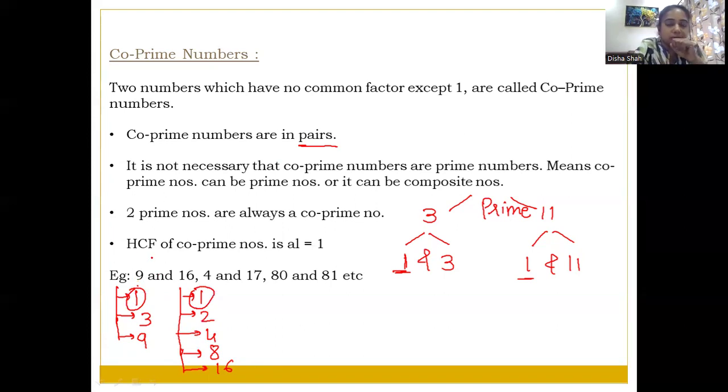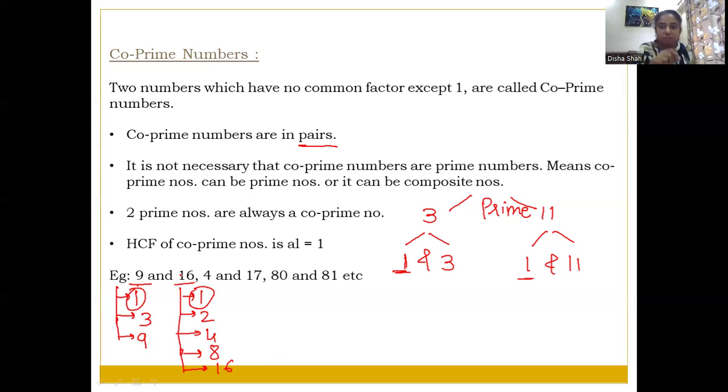What we learned here is कि जितने भी प्राइम नंबर्स होते हैं ना, अगर आप उनकी पेयर बना दो दो की, so they all will form a co-prime pair. बिकॉज प्राइम नंबर में वैसे भी कोई कॉमन फैक्टर नहीं होता. But even composite numbers can be co-prime. For example, 9 is a composite number, 16 is a composite number. बराबर के फैक्टर्स हैं उनके पास, बट कॉमन कुछ भी नहीं.